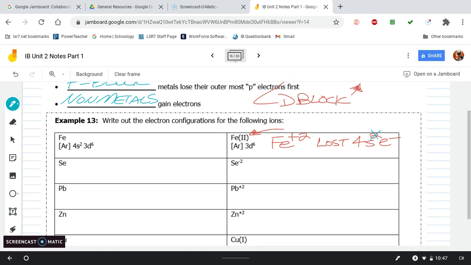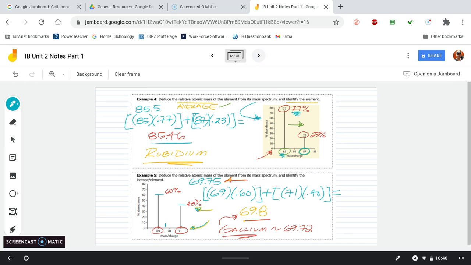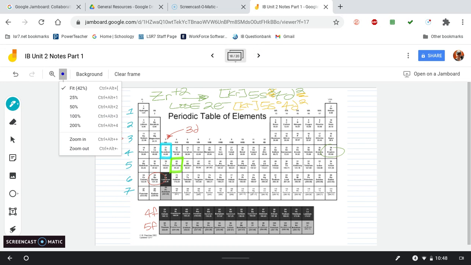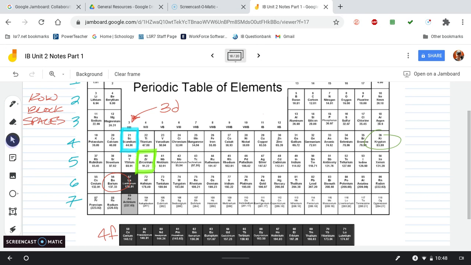So let's look at lead. Okay, so lead and selenium and then zinc. So actually, let's just do selenium. Let's do them in order. So selenium is -2. All right, well, let's do the configuration for selenium. And so we're going to go ahead and slide over to our periodic table. Okay, so here's selenium here.